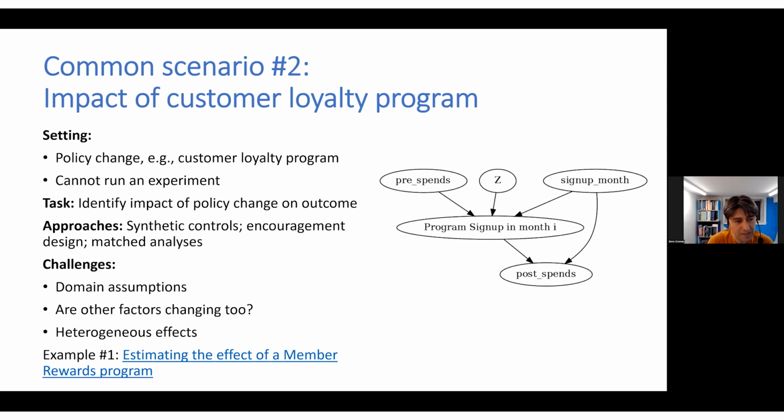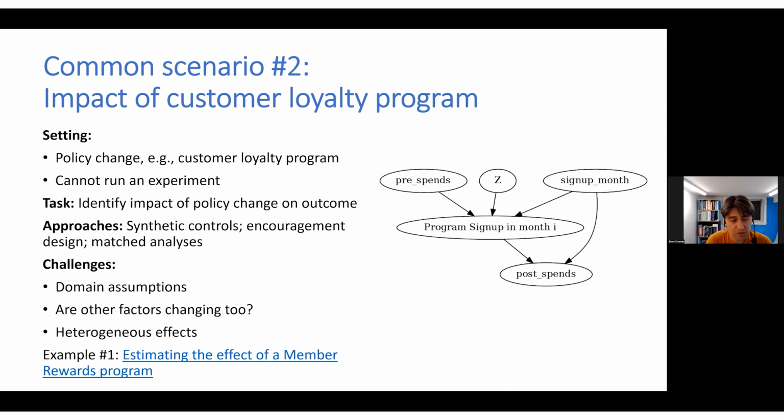So this makes companies hesitant to run an A/B experiment with the membership rewards or other kind of discount or benefit program. But then that leads to the problem that when you see a change after you deploy your loyalty program, it's difficult to identify whether the impact of that change is due to your policy or something else.